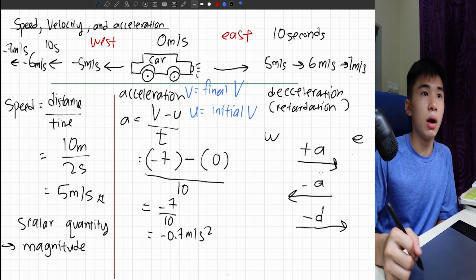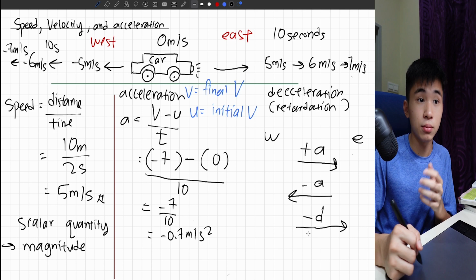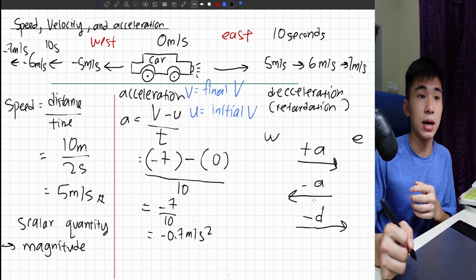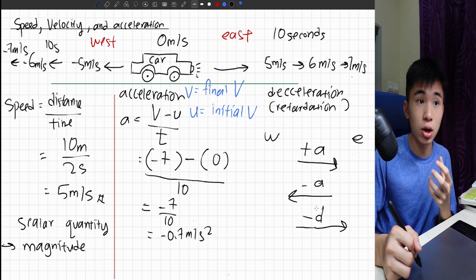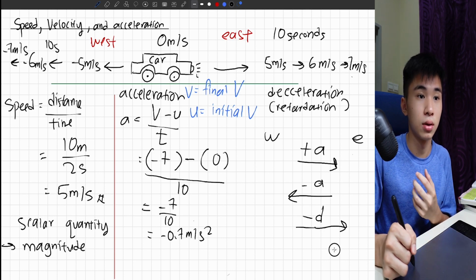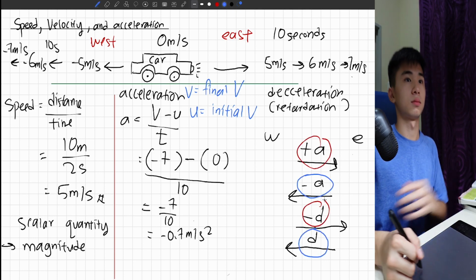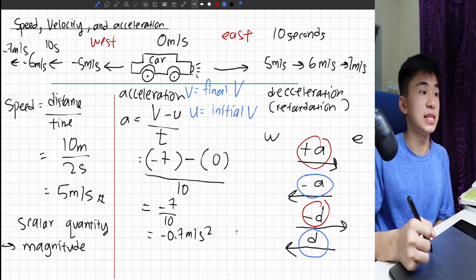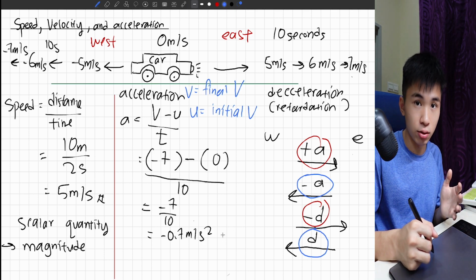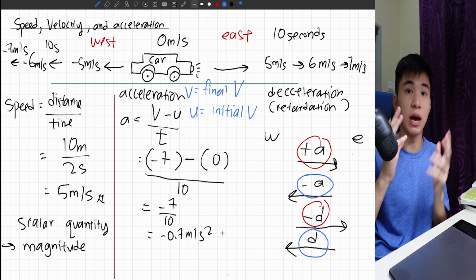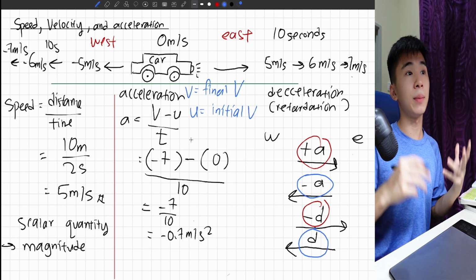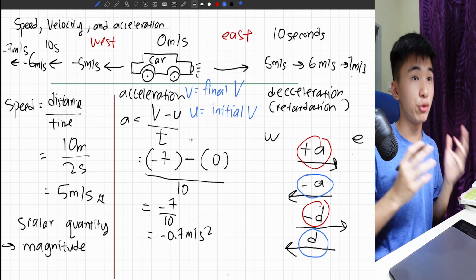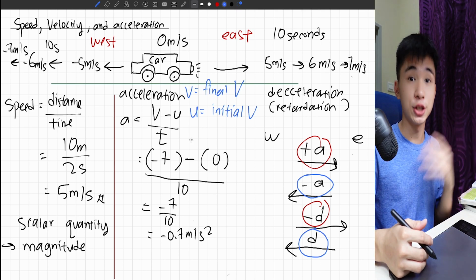If you want to talk about the deceleration, to make this into a plus sign, it is because it is the opposite of the acceleration. And by the way, acceleration is a vector quantity, which means it has both magnitude and direction. So just remember that the opposite of acceleration is deceleration.